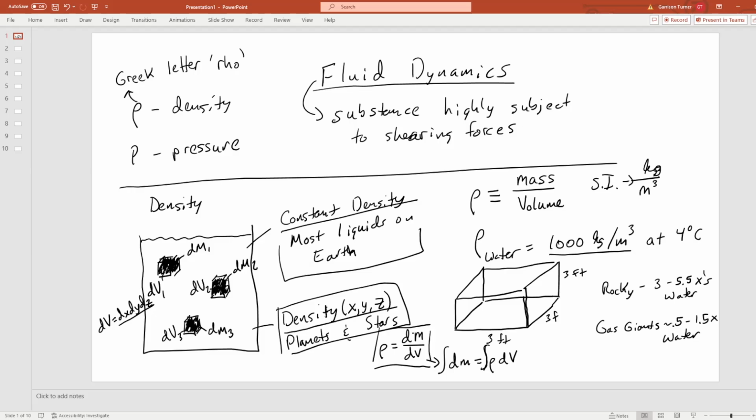It is each individual mass element, their individual tiny amount of mass, over the infinitesimally small volume element of each piece of mass. Okay? So this is a fundamental relationship. It will pay dividends to memorize and be able to work with that equation.